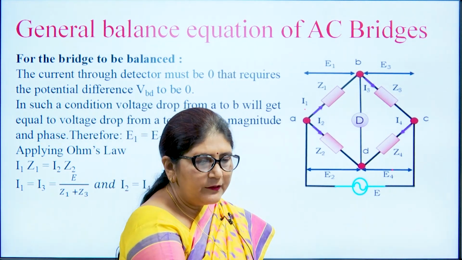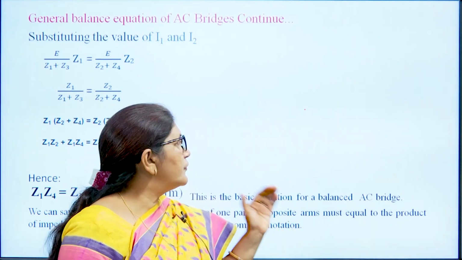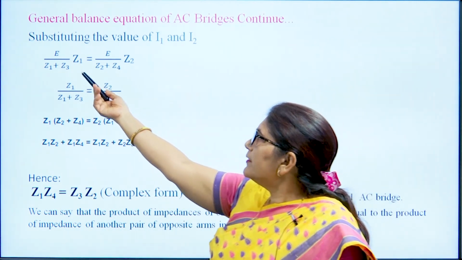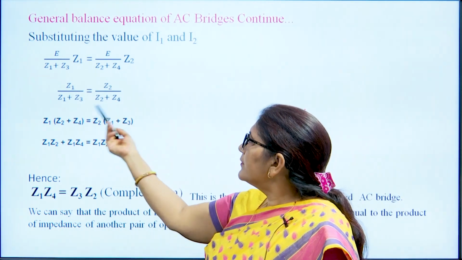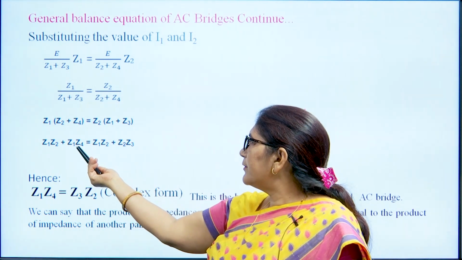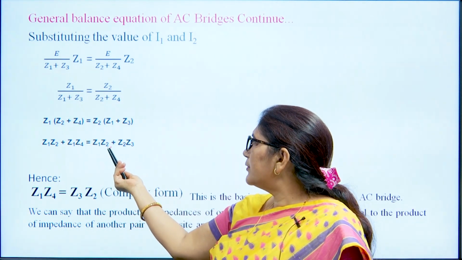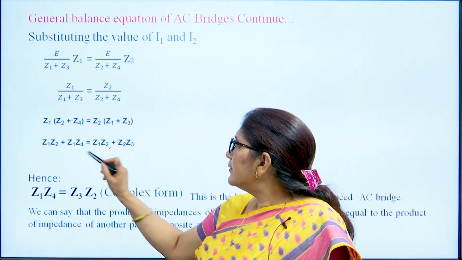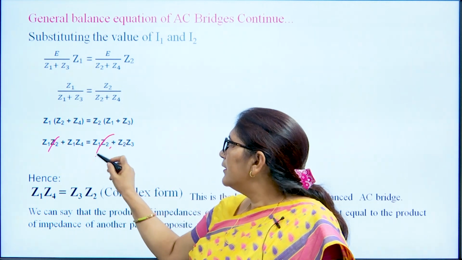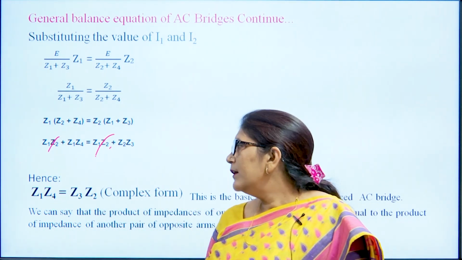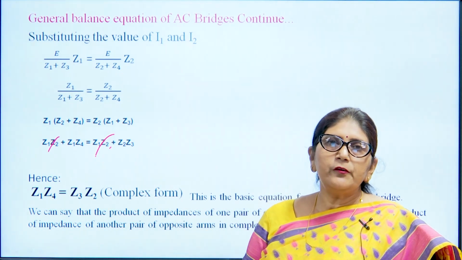By solving these equations and simplifying, we will get Z1 Z2 plus Z1 Z4 is equal to Z1 Z2 plus Z2 Z3. So, Z1 Z2 is cancelled out, and it will be Z1 Z4 is equal to Z2 Z3, but it is in complex form because here we are using AC components.